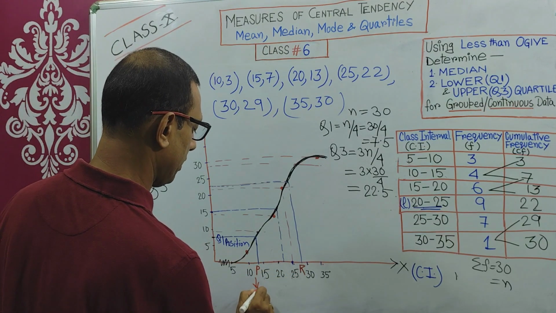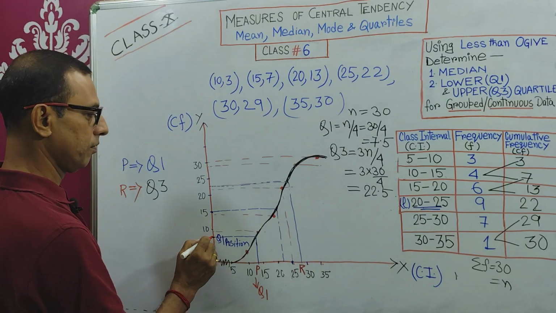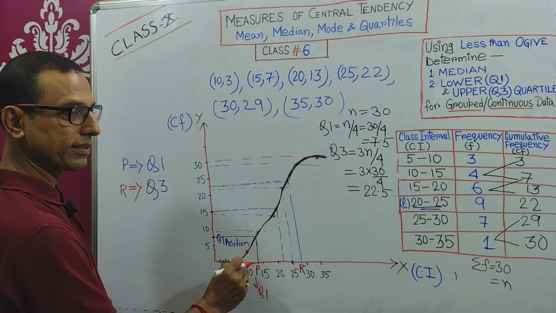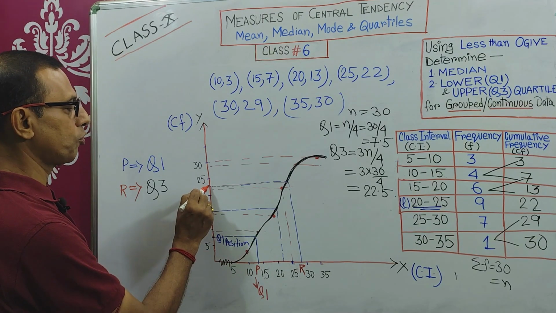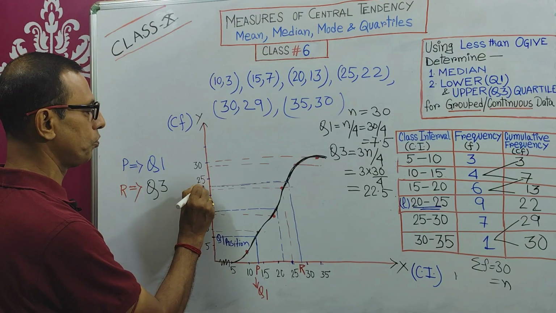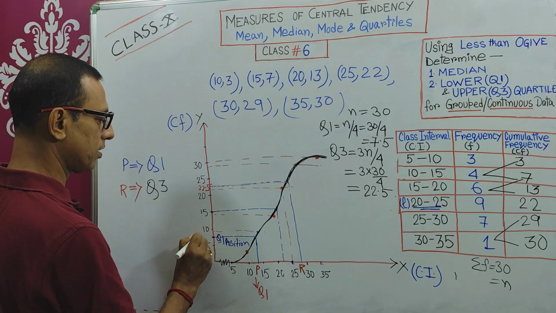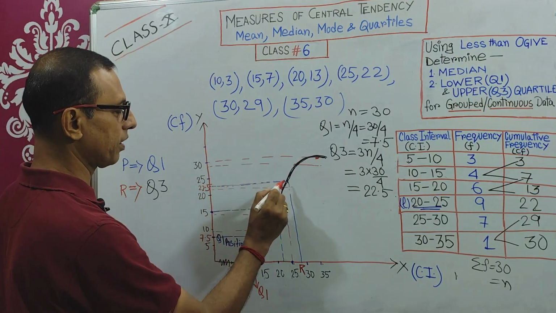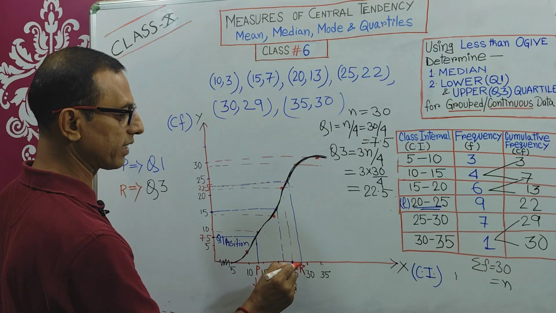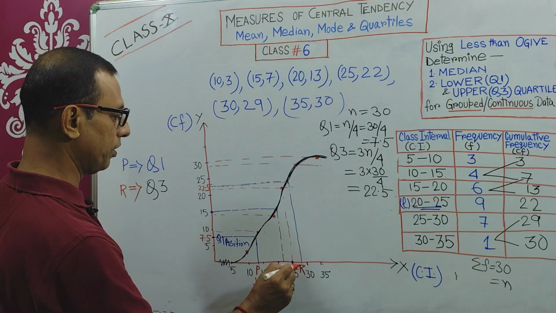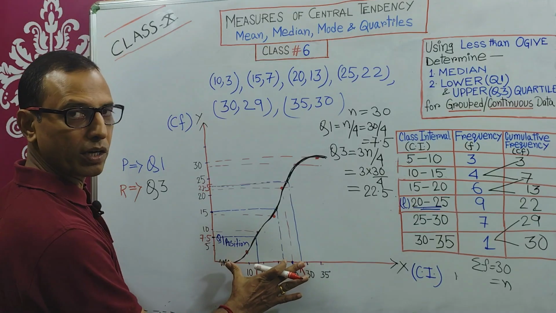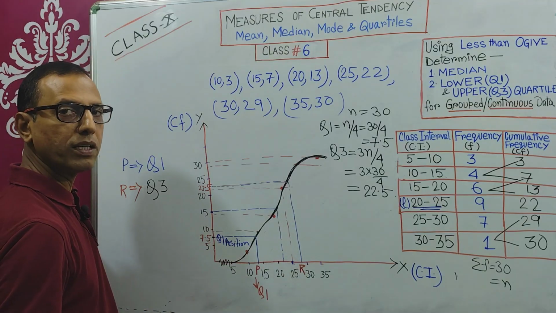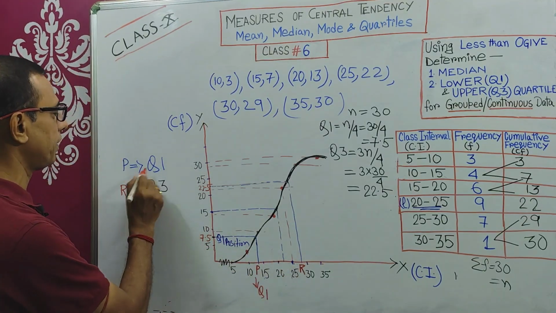This is Q1, right? 7.5 and the respective value on the x-axis, and 22.5, this is 7.5. So for 22.5 cumulative frequency, the corresponding x-axis value, that is R. So you need to see graphically what the distance is, and from there you will find out the value. So R represents Q3, P represents Q1.